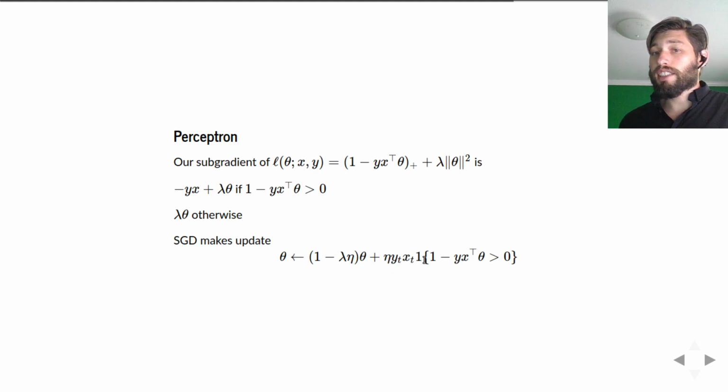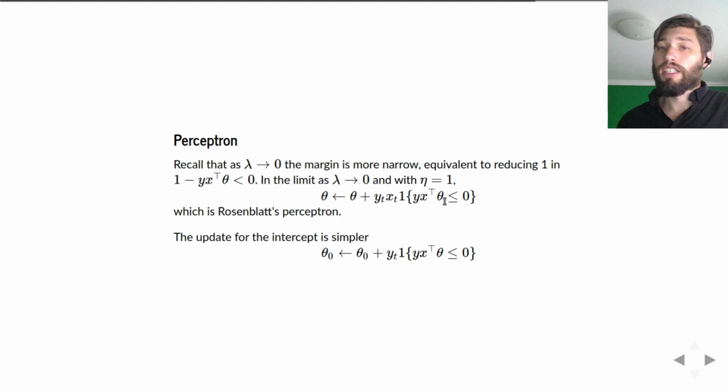You have y_t x_t indicator of 1 minus y times x transpose theta. Well, this indicator is when y times x transpose theta is less than or equal to 1; we just pull it over to the other side. But that 1, we're also decreasing, sending that to 0. And so in the limit, as lambda gets really small, this is approximately what the SGD update is going to do for SVMs. And this is what's known as Rosenblatt's perceptron.